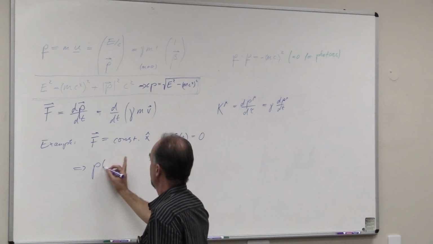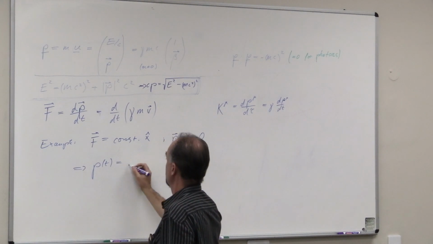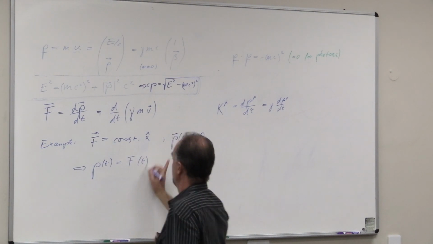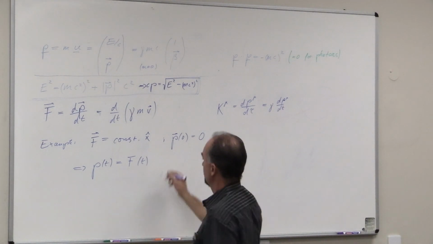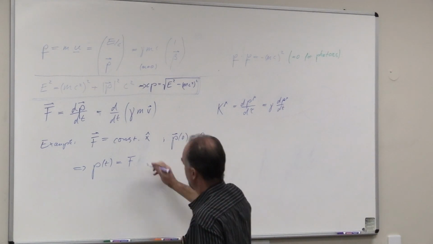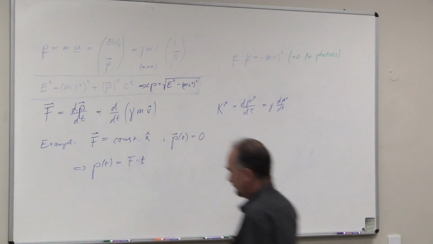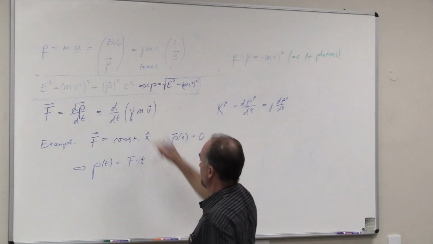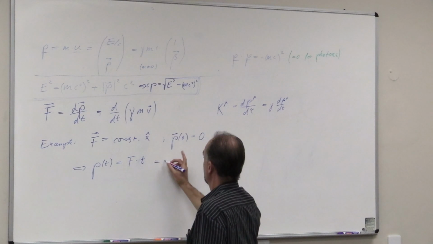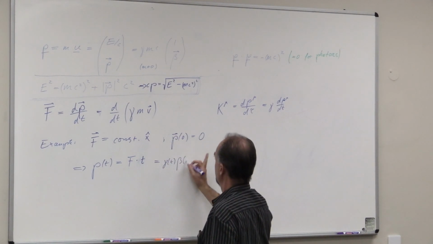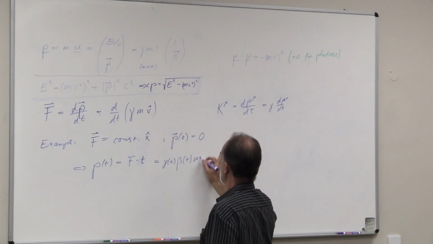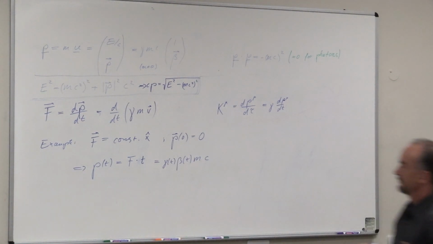So p of t is just F times t. But p of t we can also write as gamma of t, beta of t times mc.